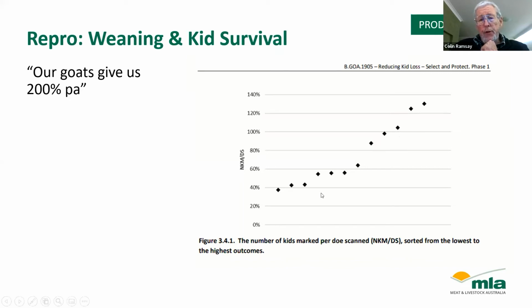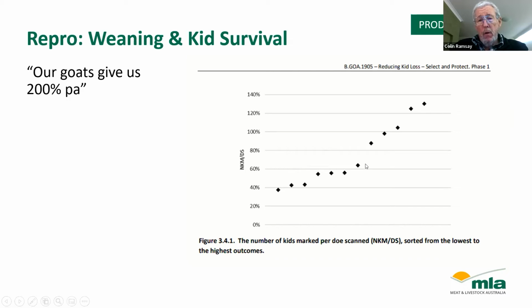This is the number of kids marked per doe scanned. Okay, number of kids marked per doe scanned. Not strictly a weaning rate, but in some sense a fertility fecundity rate. Okay.